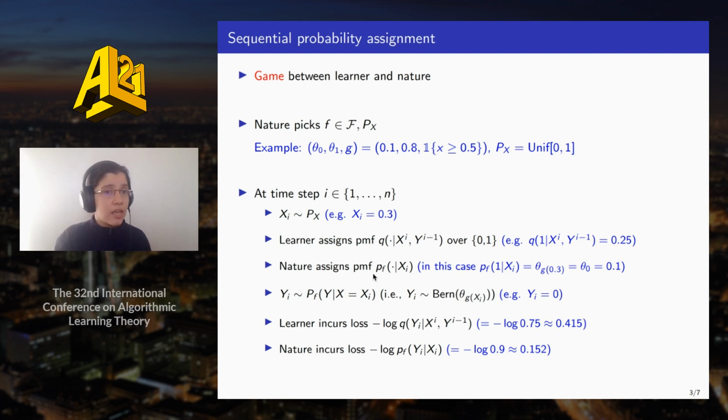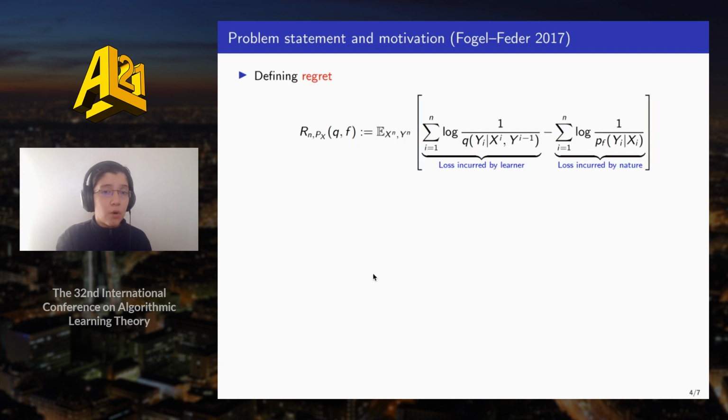We can now define the exact problem that we're studying, which was first formulated by Fogel and Feder in 2017.